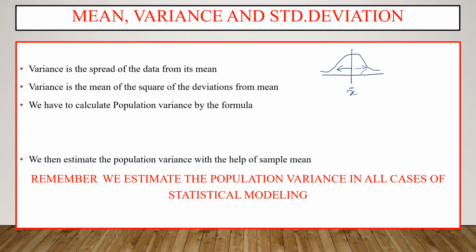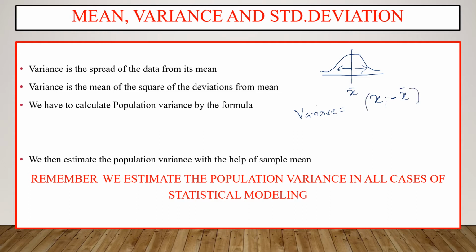We will break it down. Variance is basically: we have individual observations xi, and then these are the deviations of the individual observations from the mean.